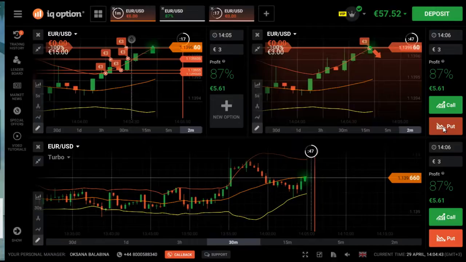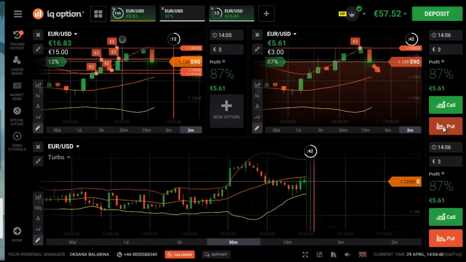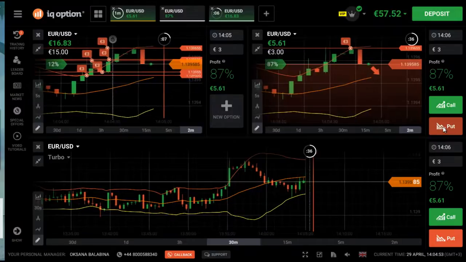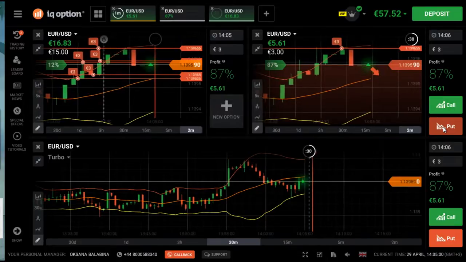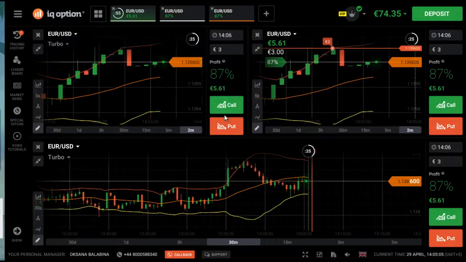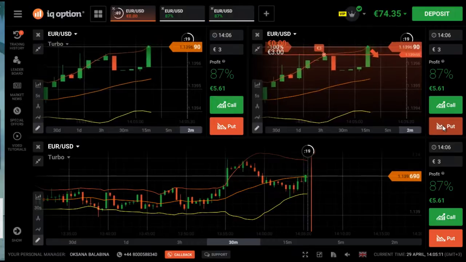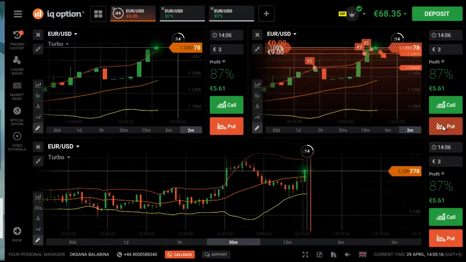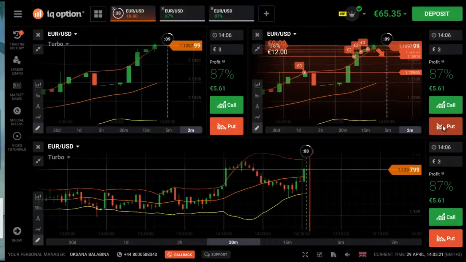That's why I'm following up on the secondary window, because the primary window positions may not win entirely. But I didn't lose. I won a little bit. And the green is still growing, but I'm still going for the reversal, because this green will not grow forever. At some point it will reverse.